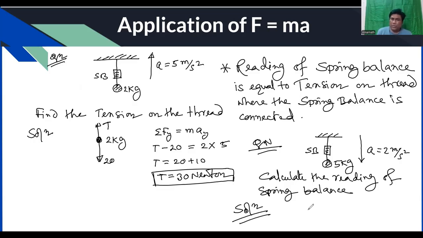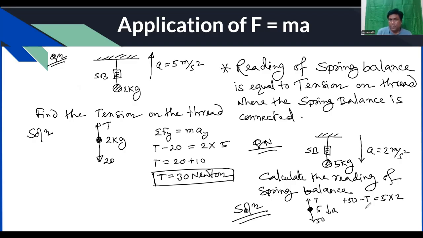So what you do, you always draw the free body diagram of the object only. This is 5 kg, so this is 50 because of gravity. And this is tension. Don't put normal reaction, tension. But now you know that it is accelerating downward, so which force will be positive? 50 will be positive, tension will be negative, equal to mass into acceleration.